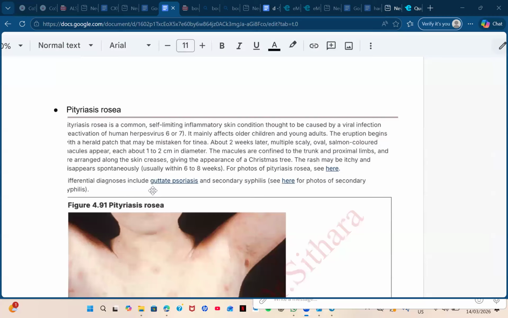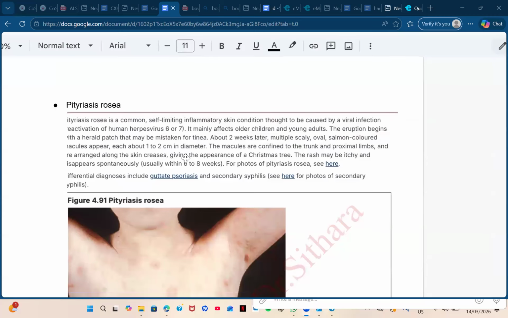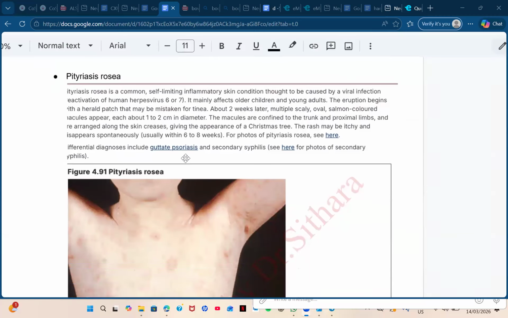Okay, what do you know about pityriasis rosea? When you hear pityriasis rosea, the first thing in your mind is the herald patch, right? Then the Christmas tree appearance rash.